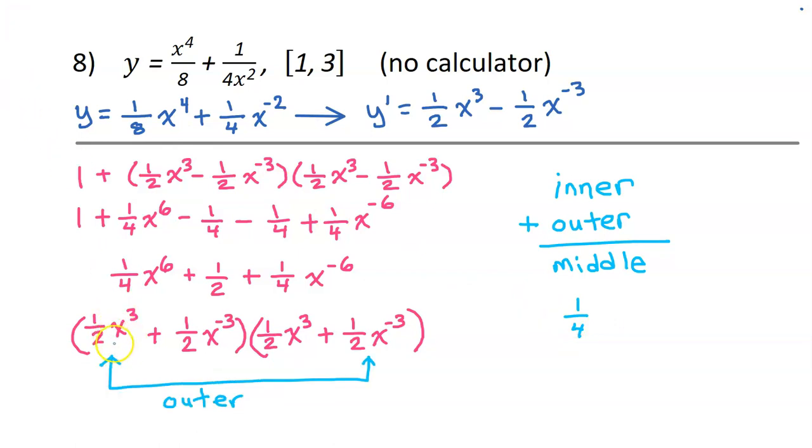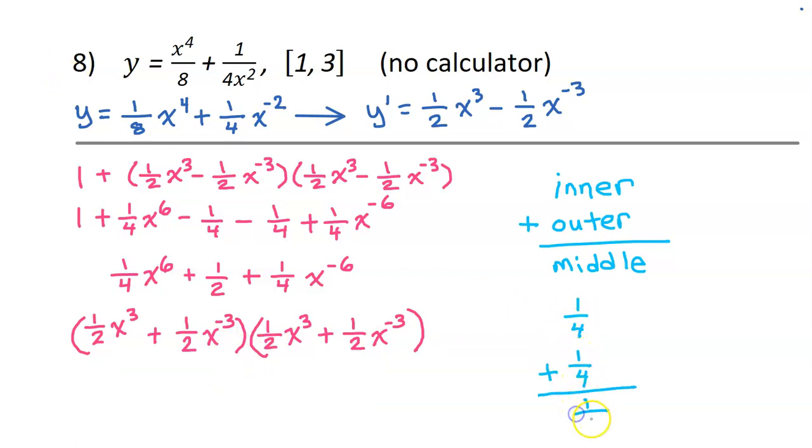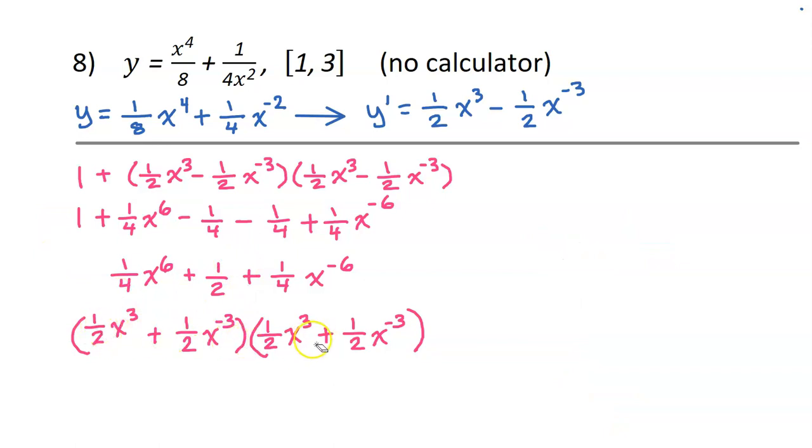When I say outer, I'm talking about the product of these two terms, but this is the exact same product as inner, so of course I'm going to get 1/4 again. 1/4 plus 1/4 is 1/2, and that is the middle that we were shooting for. Since inner plus outer equals middle, this product does equal the trinomial.